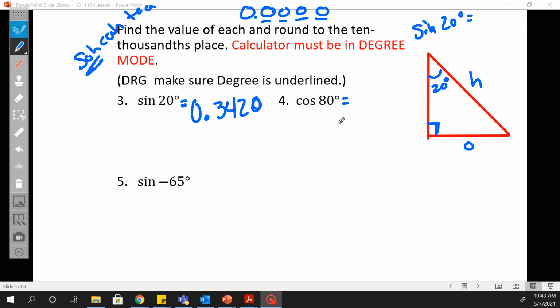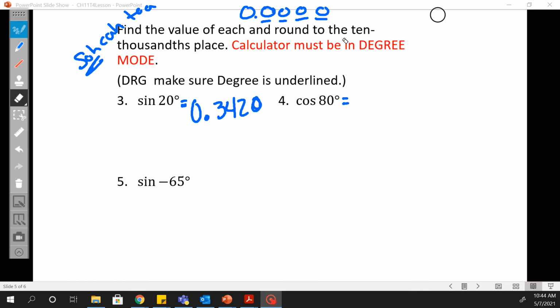I could do the same thing with cosine. If this were an 80-degree angle, then I can take the cosine of 80 and it will give me the ratio of the sides, the adjacent over the hypotenuse, which is 0.1736.